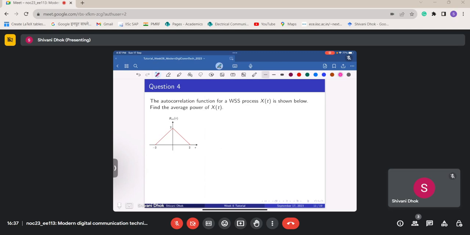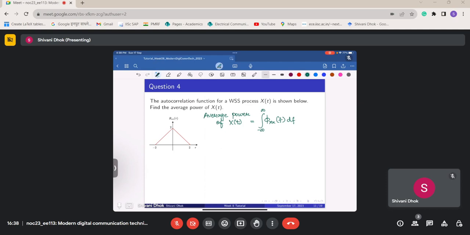So here you should note that the average power of xt is basically equal to integral from minus infinity to infinity of the PSD, phi xx of f, df.